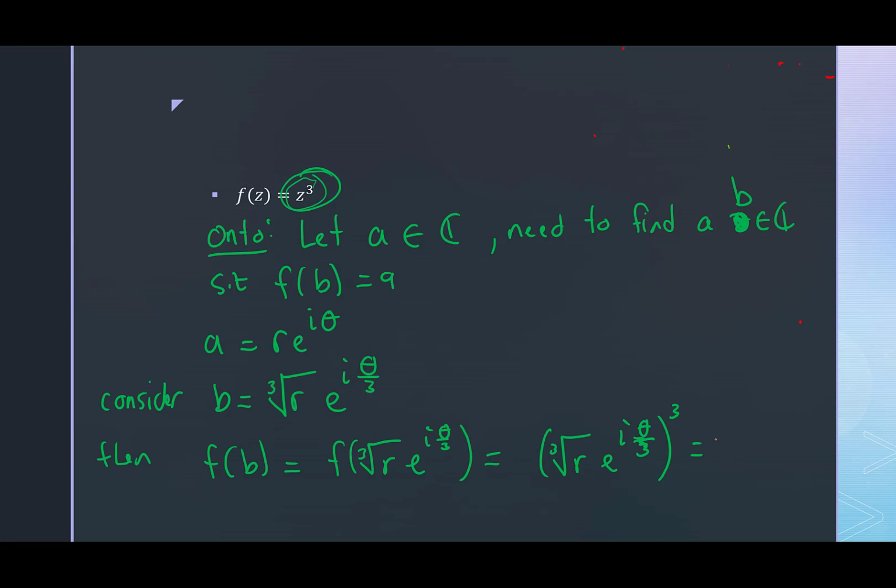And if we simplify this expression, cube root of r cubed is just r, and with our exponential properties, e to the i theta over 3 cubed is just e to the i theta. And what's that equal to? That's a. So our function f of z equal to z cubed is not one-to-one as we showed earlier, but it is still onto. So we still have what's known as a surjective function. But all in all, this is not bijective anymore.